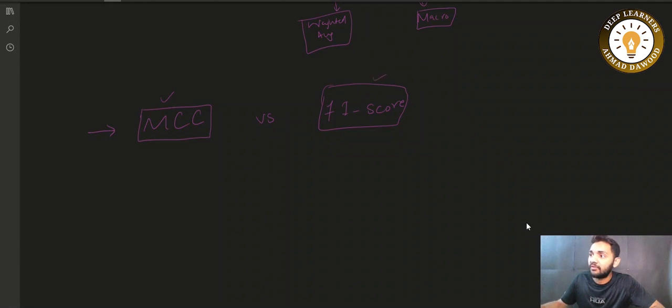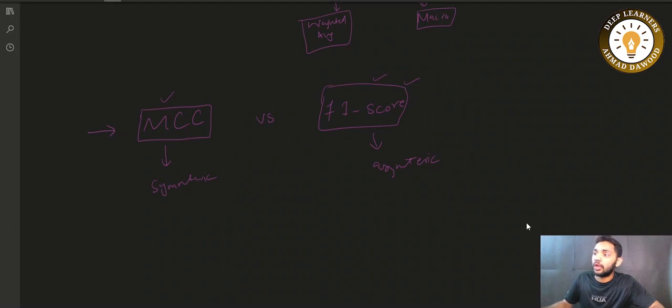But F1 works well only if the majority samples are labeled as 0 and minority samples as 1, because it is asymmetric in the binary case, while MCC is symmetric. Both work well when you have an imbalanced dataset and all classes are equally important.